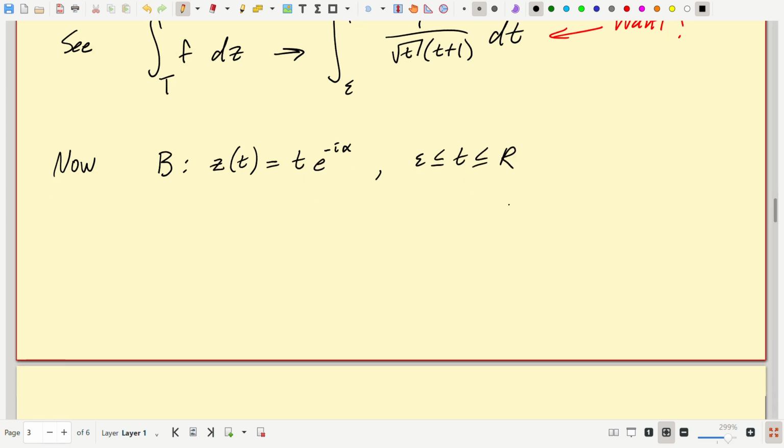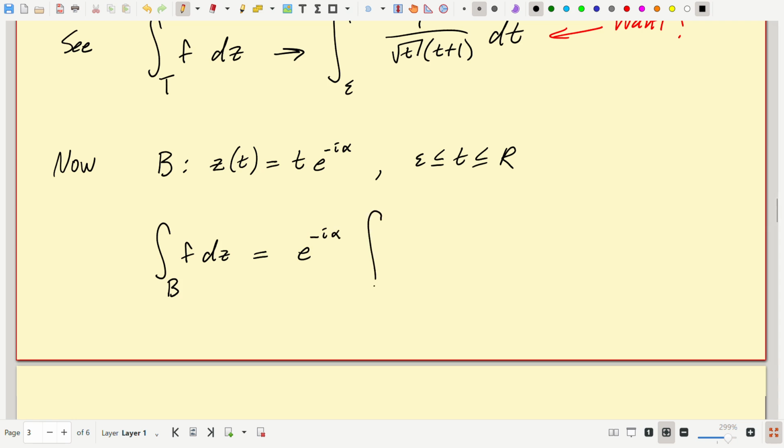And I do that same routine, and I'll get the integral along b of f dz would be equal to the integral, let's see, this time an e to the minus I alpha would come out. Oh, no, it wouldn't. T e to the minus I alpha, yeah, that would come out, because that comes from the parametrization.